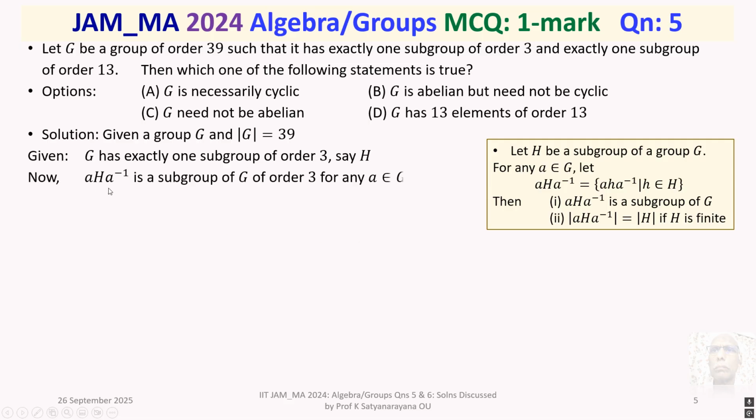Now, as seen here, aHa inverse is a subgroup of G of order 3 because the order of H is 3, for any a belongs to G.